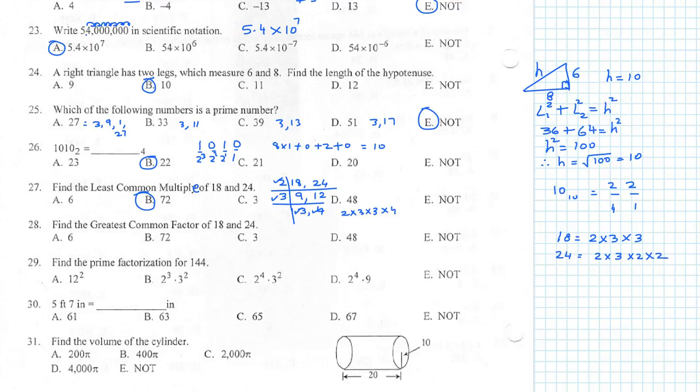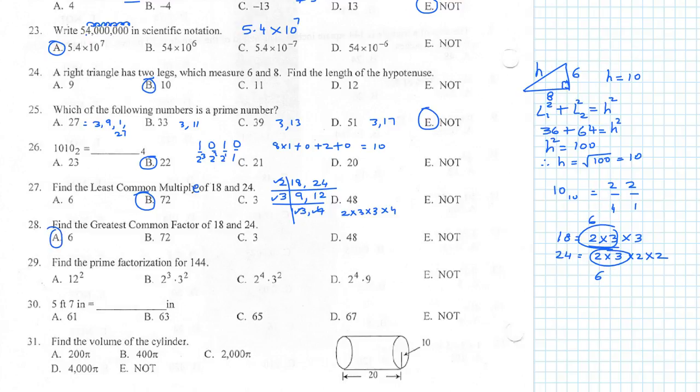So the greatest common factor of 18 and 24 is clearly 2 times 3, which is 6. As you can see, 6 is a common factor of both 18 and 24. So A is the correct answer.